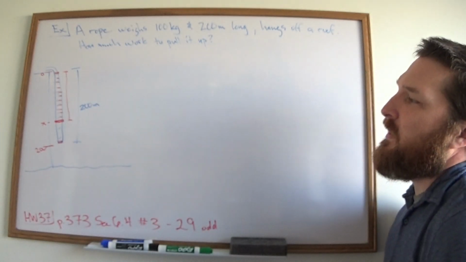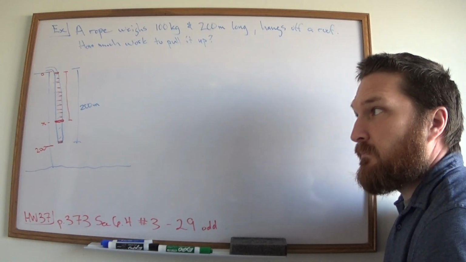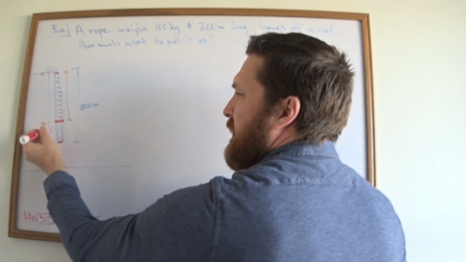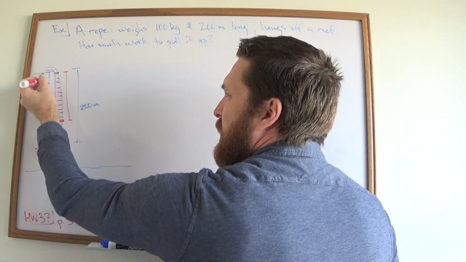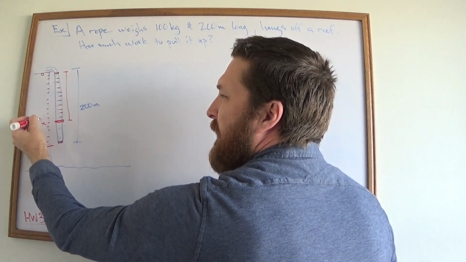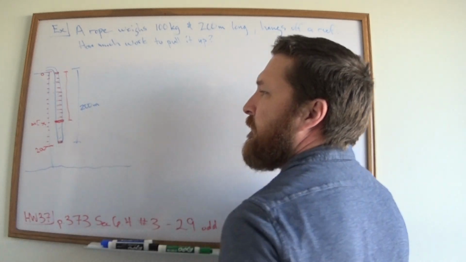Now let's find the weight or the force of that little bit. So now that I've chopped this up into little bits, let's give each of these little bits a length. What do I want to call this length from here to here? How about delta x? Okay, so that's delta x right there.